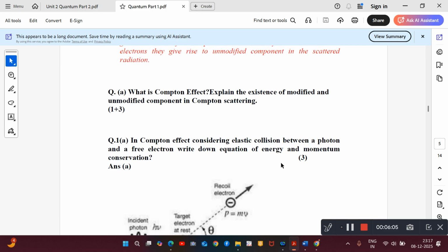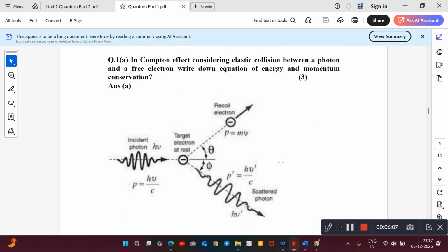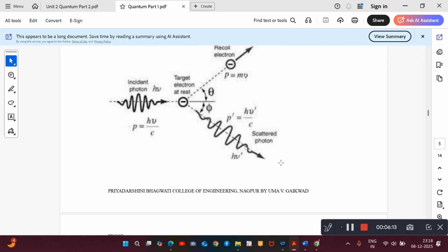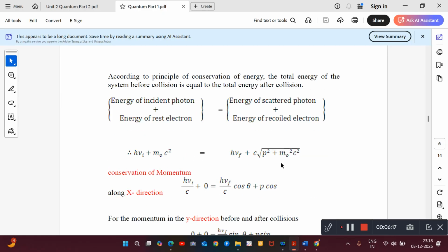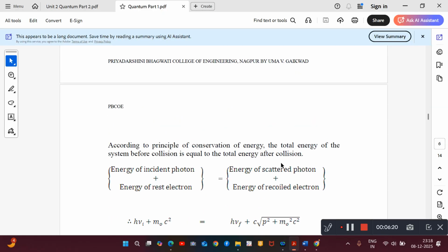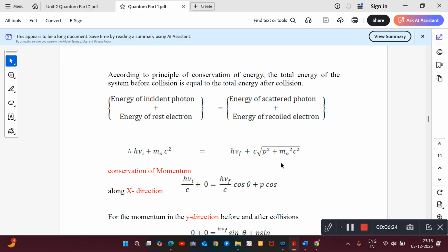Now, in your syllabus, most of the time we will ask you the statement of the Compton effect, and you should also know the law of conservation of energy as well as momentum. In the Compton effect, since there is elastic collision, it must satisfy the law of conservation of energy.